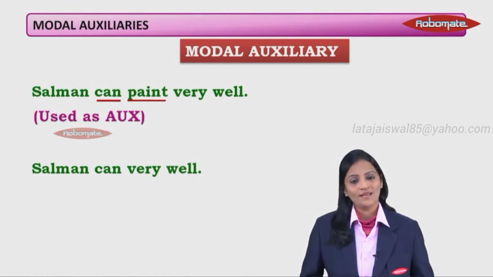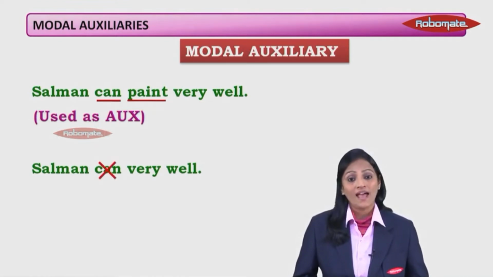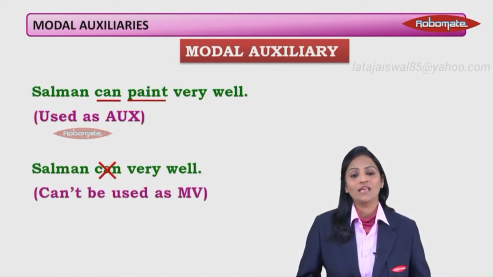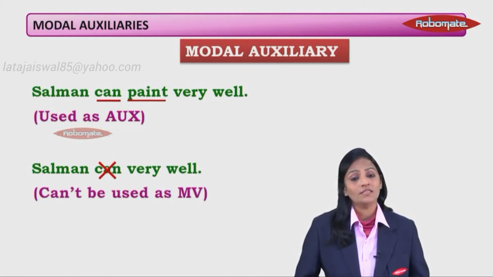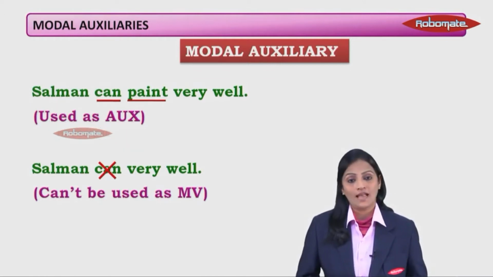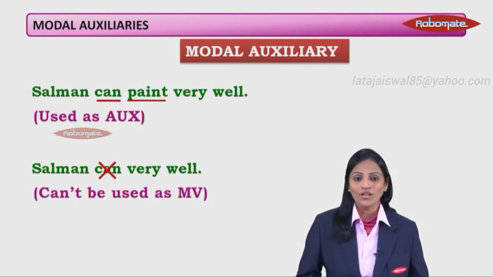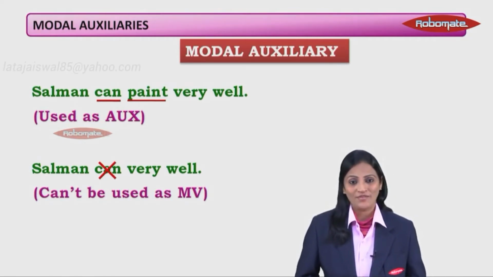Does this sentence make sense? No. So, here can cannot be used as the main verb. So, what is a modal auxiliary, students? Simple. It can only come with another verb. It can never stand alone. It can never be used as the main verb. It can only be used as a helping verb.